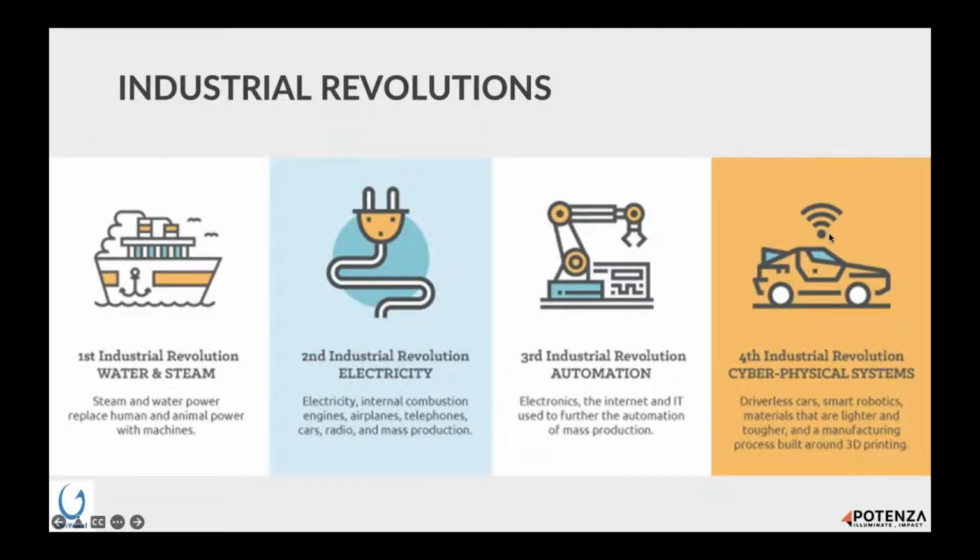So let's move on to understand first. All of you know we are actually in the middle of an industrial revolution. If you look at the history, we had the first industrial revolution a couple of centuries back, where we had water and steam engines coming in. It replaced human and animal power with machines, right? About another 100 years later, with the invention of electricity and internal combustion engines, airplanes, telephones, cars, radio, we stepped into the second industrial revolution.